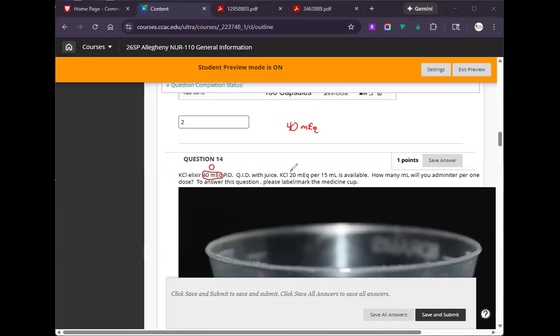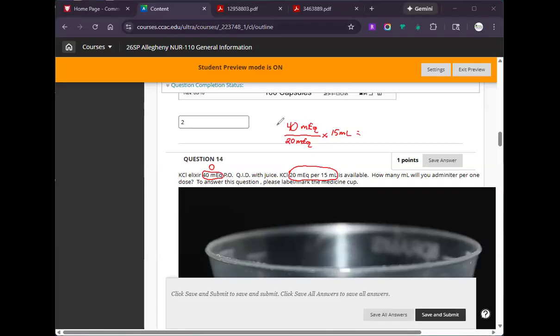My available, now this is a liquid dose, so I need to account for both those things. So my available is the 20 MEQ. And then I'm going to multiply by my quantity, which is the 15 ml.